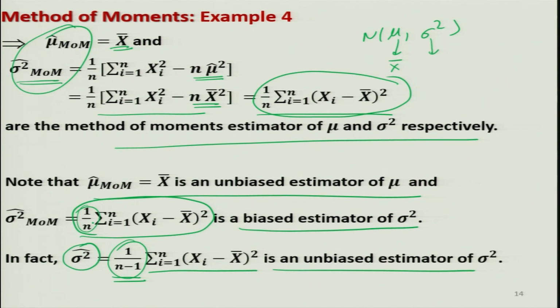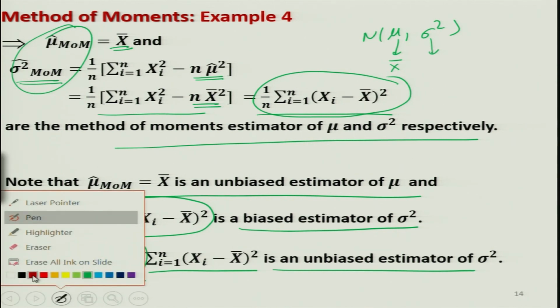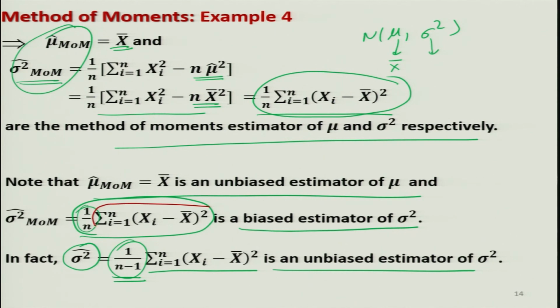Also, if you think about the variability, the quantity in the numerator is the same in both estimators, summation i goes from 1 to n, xi minus x bar whole square. The difference is only in the denominator: in the method of moments estimator this is divided by n, and in the case of sigma square hat this is divided by n minus 1.